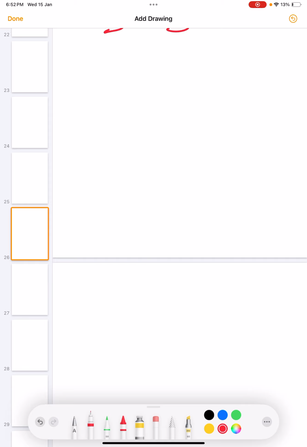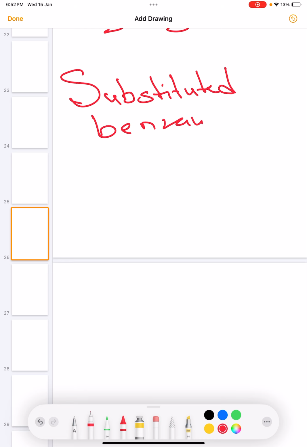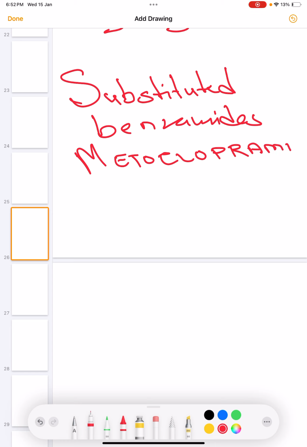Now the next category of drug is substituted benzamides. There, the drugs are metoclopramide and trimethobenzamide.